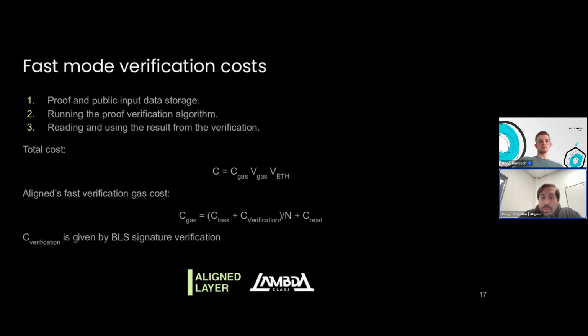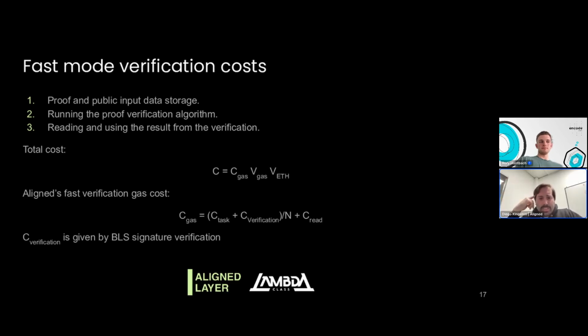In the case of the program of a VM, the program is also part of the public input. Of course, you can sometimes solve this by providing a hash of the program, and that's okay. Then you have to run the proof verification algorithm, and then you have to read the result and use it in Ethereum. So your contract must call another contract to check the result and then do something.